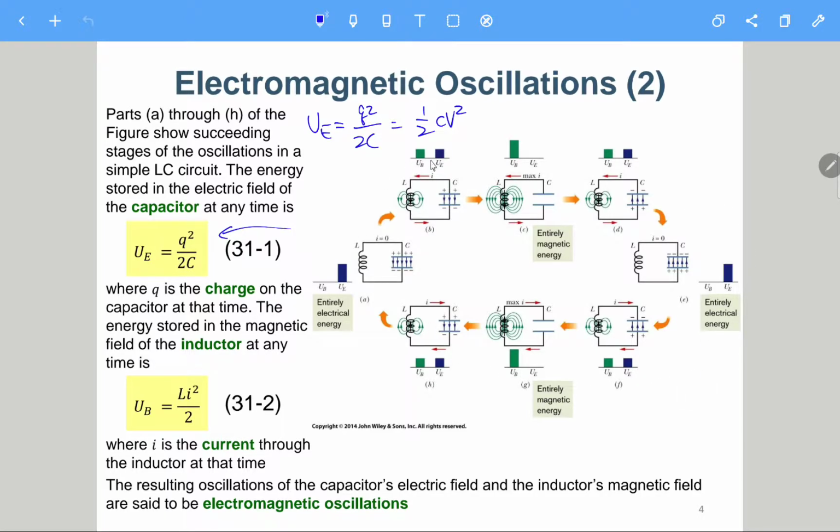But at every moment, these two terms should add up to a constant because the energy is conserved, if we assume there are no losses because we did not model the resistance here. Later in this chapter, we will also model the resistance, and then there will be loss.